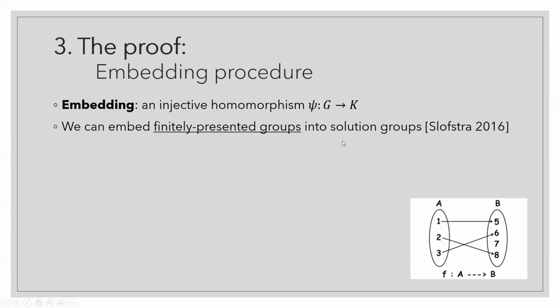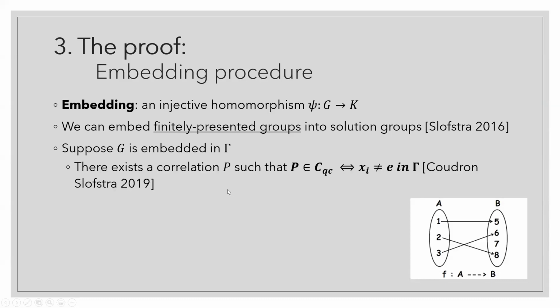He introduced this embedding procedure to study quantum correlations in the following way. Suppose you embed the group G into a solution group gamma. Then he proved that there exists a correlation P to check if the generator Xi is non-trivial in the solution group gamma.